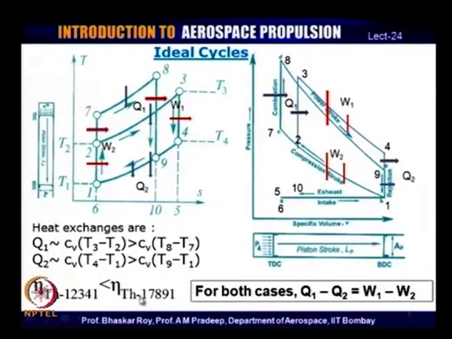The thermal efficiency is directly dependent on the compression ratio, which means that process 1-7 is executing a higher compression ratio than process 1-2, and that is the source of the higher efficiency.